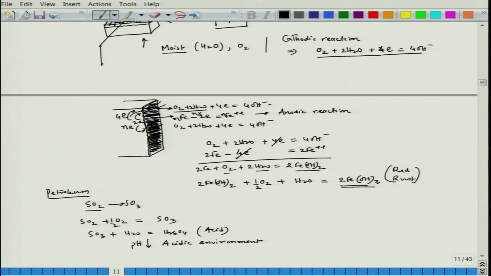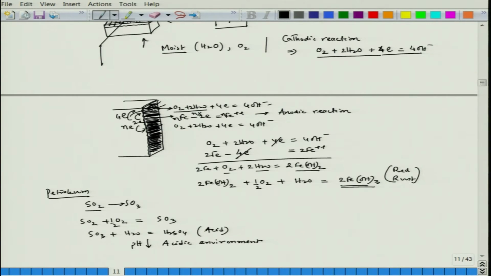Now, we know that if the acidic environment persists, the anodic reaction can be favored, or the metal dissolution can be favored. Okay.